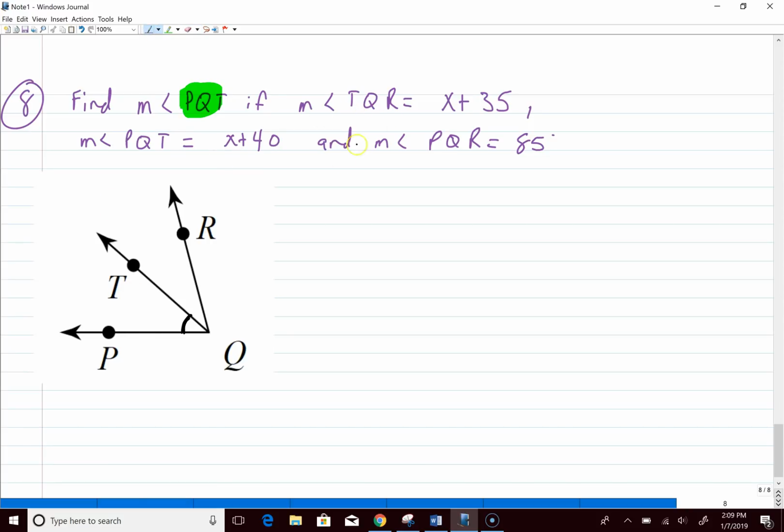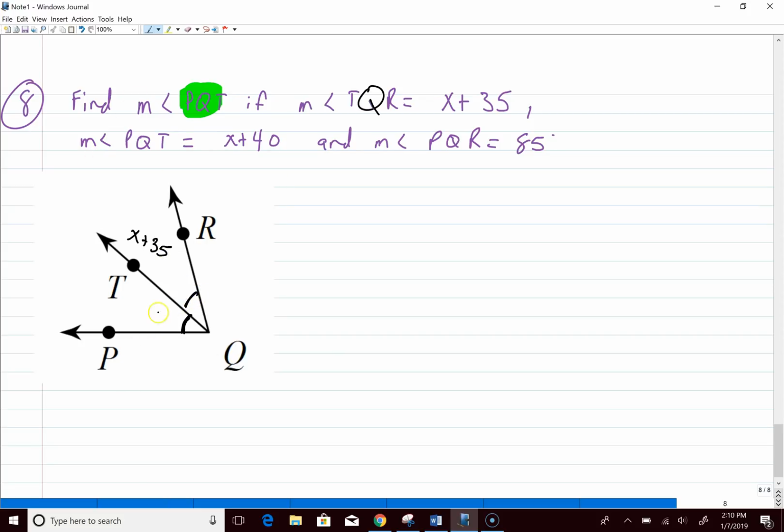If TQR, so here's T, Q, and R. Here's TQR. That's x plus 35. So that's the angle in there.